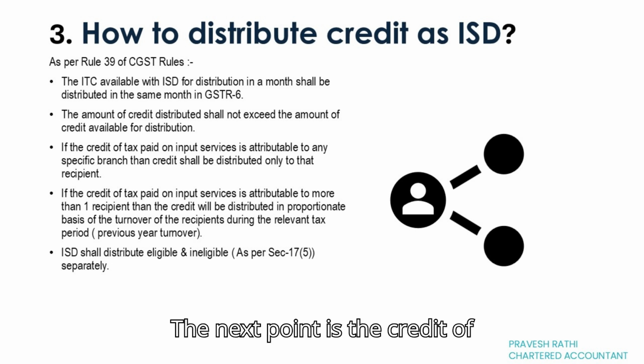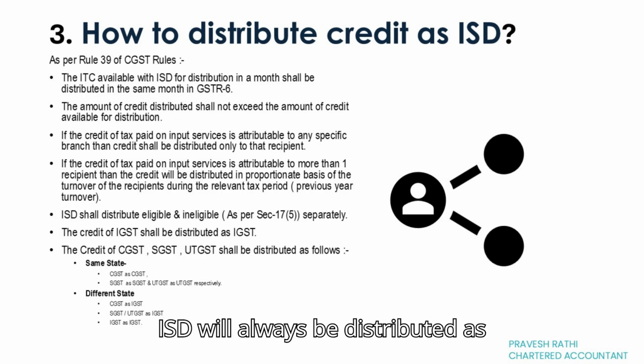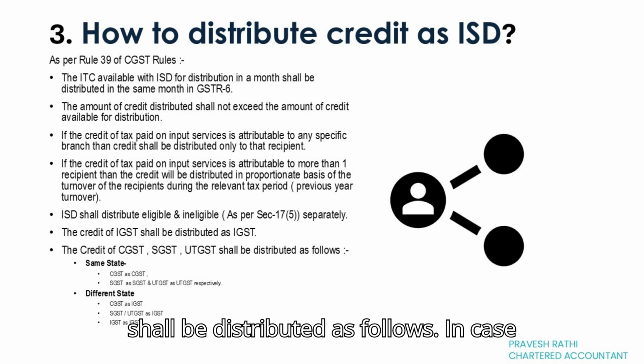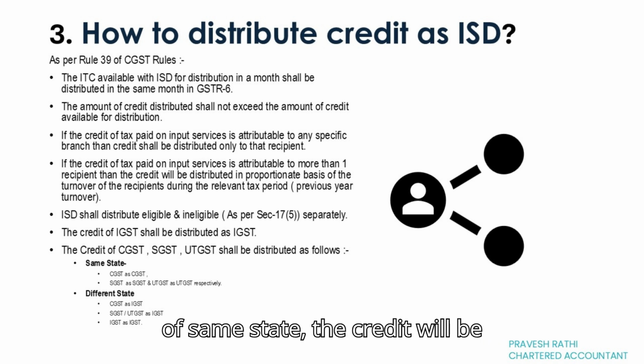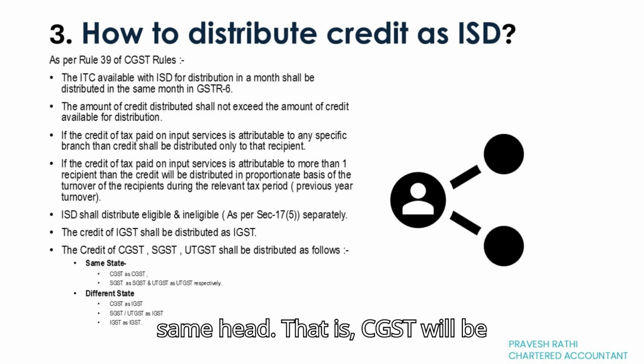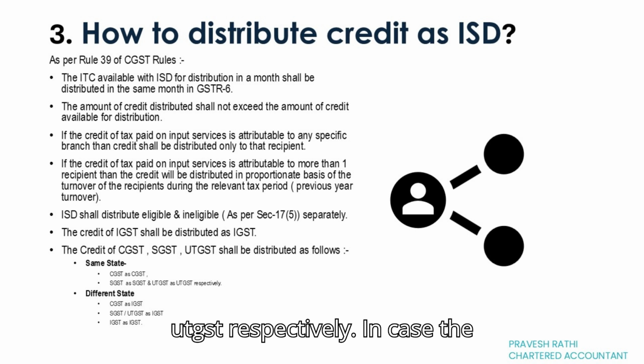The next point is that the credit of IGST will always be distributed as IGST. The credit of CGST, SGST, UTGST shall be distributed as follows. In case of the same state, the credit will be distributed in the same head. That is, CGST will be distributed as CGST, and SGST or UTGST will be distributed as SGST and UTGST respectively.